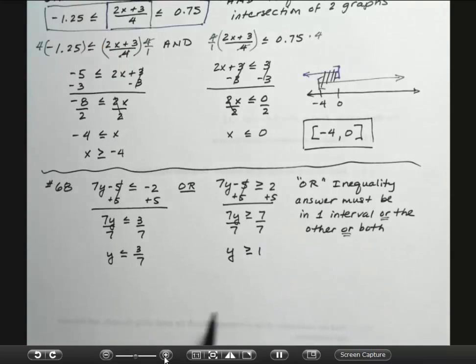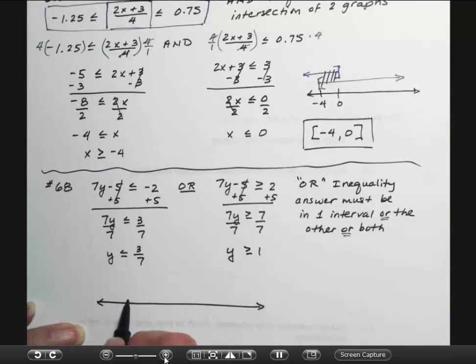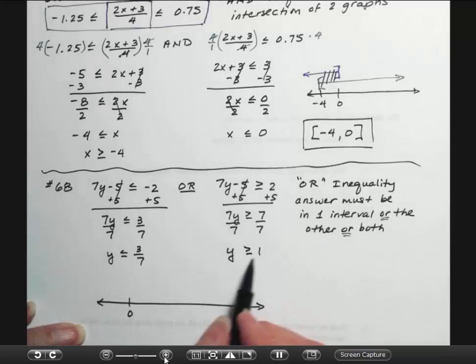Now I'm going to draw myself a number line, and notice that I have 3/7 and 1. So I'm going to divide my graph and make each hash mark worth 1/7. So this is going to be 1, 2, 3, 4, 5, 6, 7/7, and 7/7 is the same as 1.